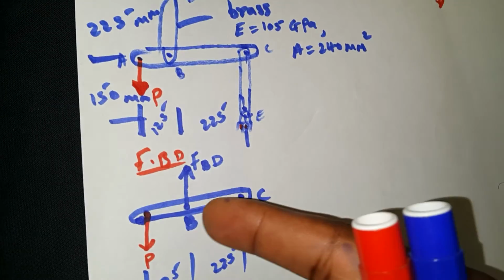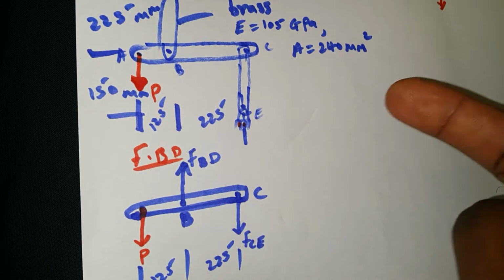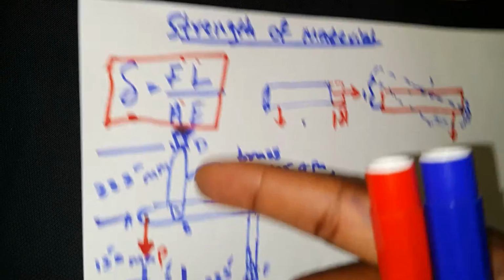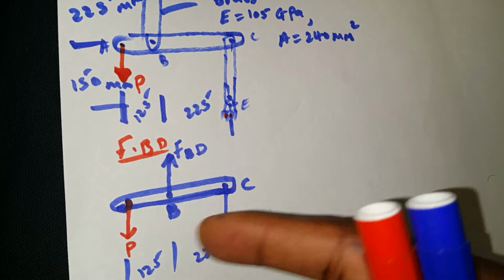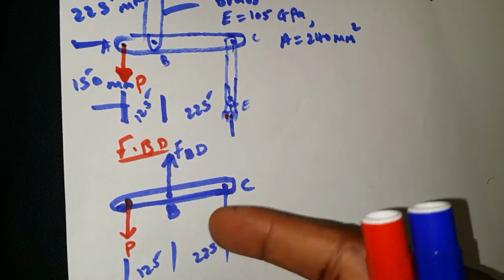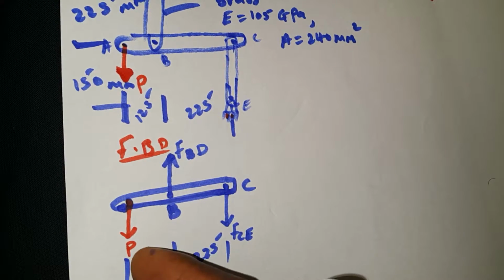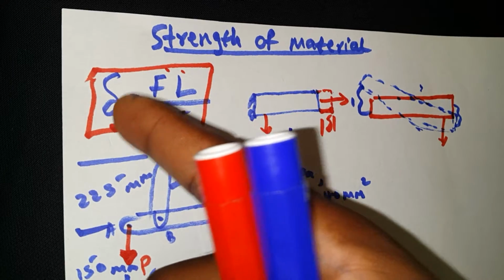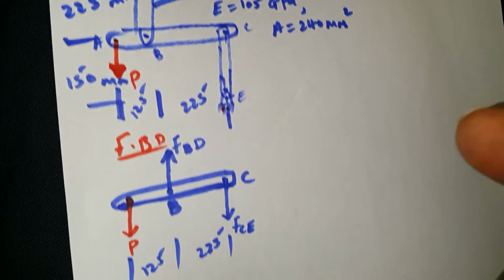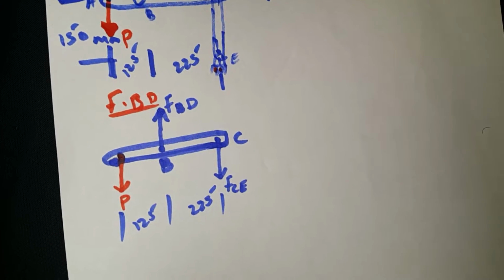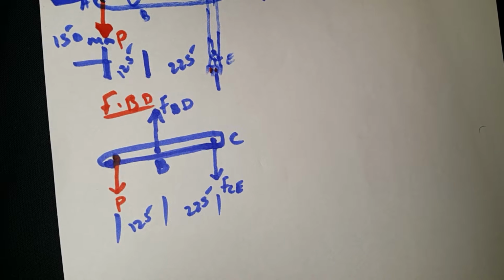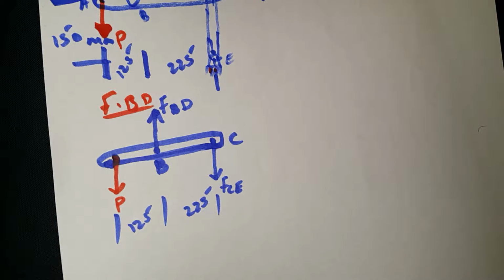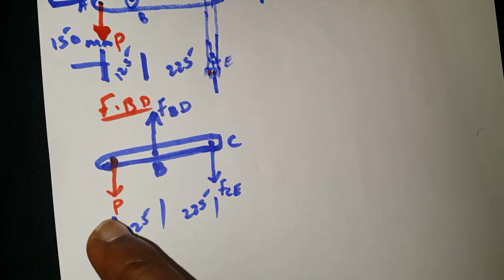This is what I'm trying to tell you: in the last video we solved this when we had everything, but here we don't have P. So we use the unknown to find the unknown. But it's not that difficult. So now we are here. What is the next step? Let's try to analyze this to find what P is.